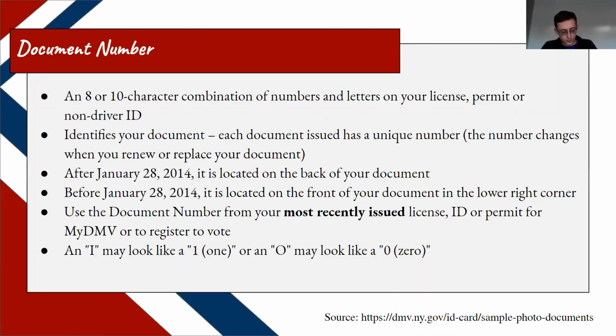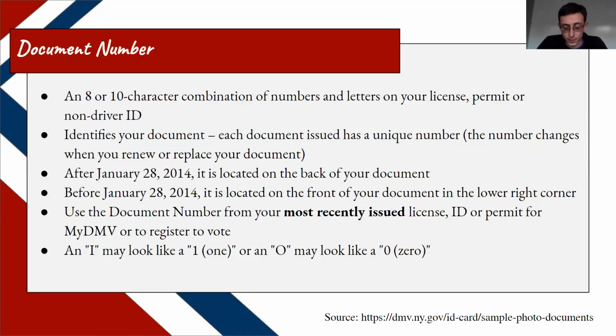Your document number is an 8 or 10 character combination of numbers and letters on your license, permit, or non-driver ID. It identifies your document. Each document issued has a unique number. The number changes when you renew or replace your document. After January 28, 2014, it is located on the back of your document.